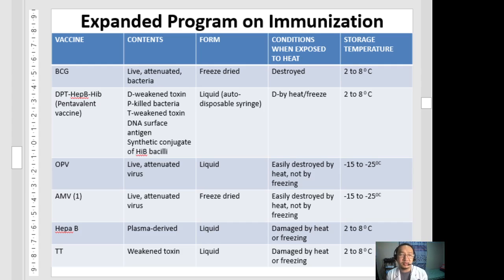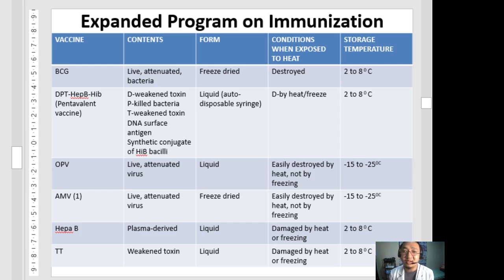So you need to mix it with solvent to liberate it into its liquid form. It is easily destroyed by heat but not by freezing. Again, it should be stored at negative 15 to negative 25 degrees Celsius.